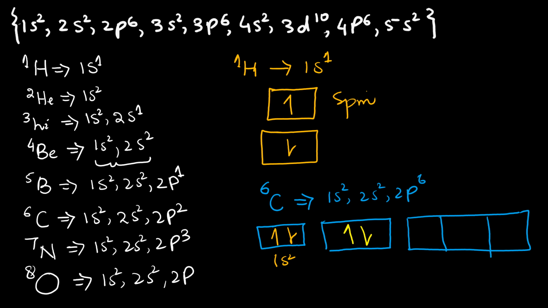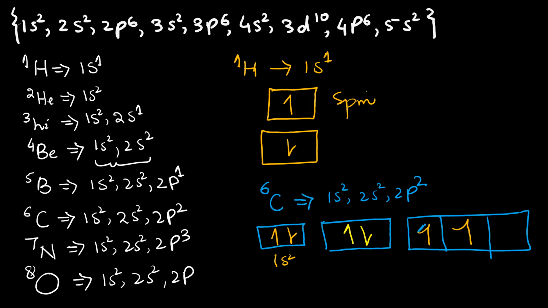In case of carbon, dear student, carbon has 6 electrons, so the 2p subshell has 2 electrons. So these electrons will be present with the same spin in 2 orbitals of carbon.